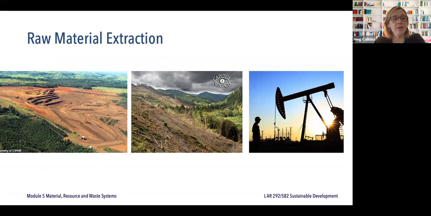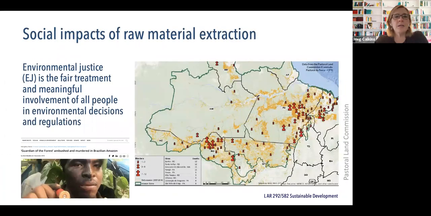We don't have a lot of regulations in this country about restoring mines and quarries, although some municipalities will restore them as public parks and that kind of thing. So raw material extraction has its own environmental burdens, but it also has its social impacts.